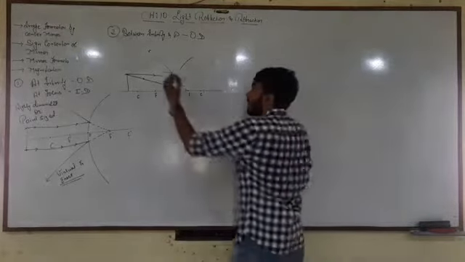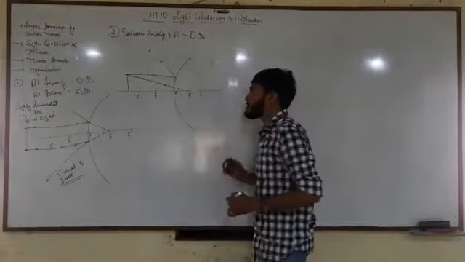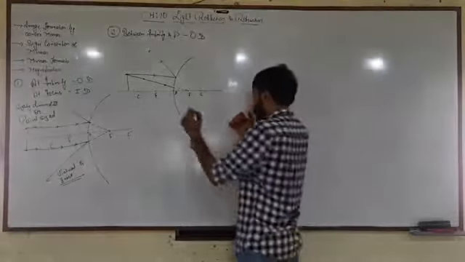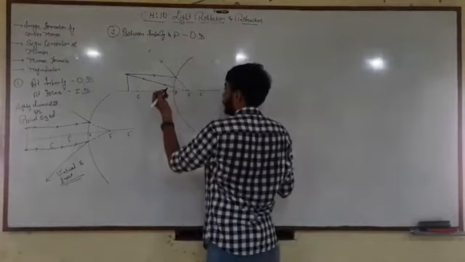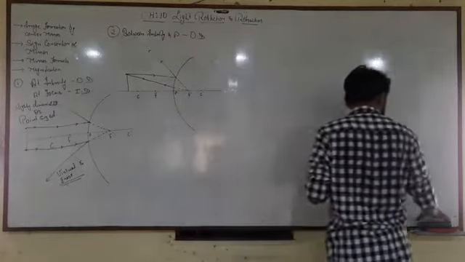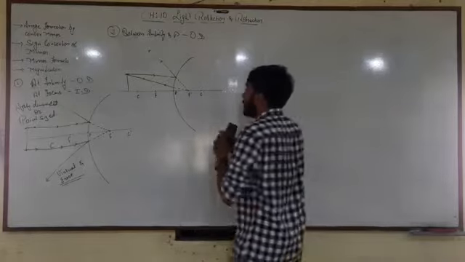Now what happens? These rays strike back. We can draw the imaginary line again over there. There is a mistake over here, let me rewrite it once again.